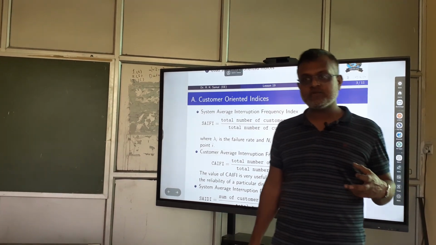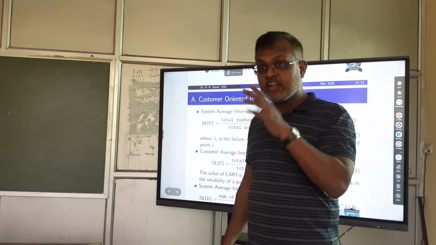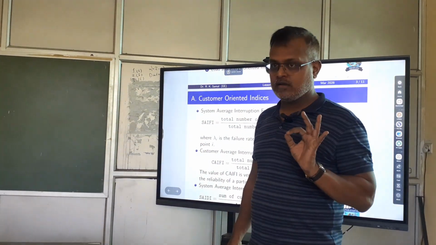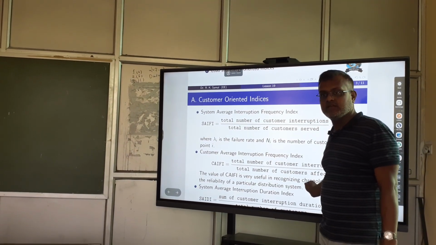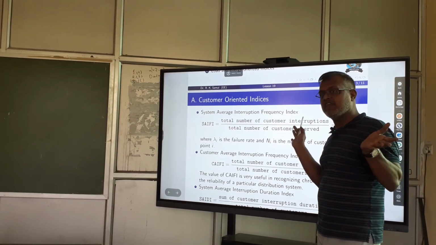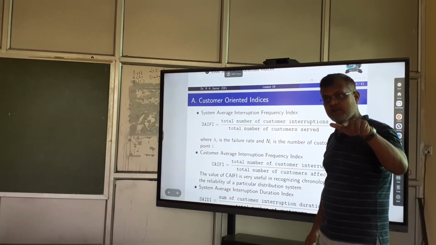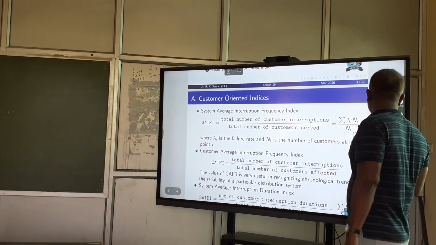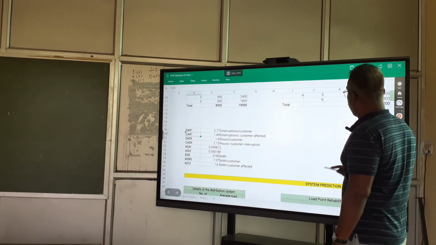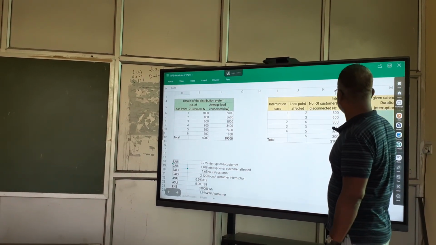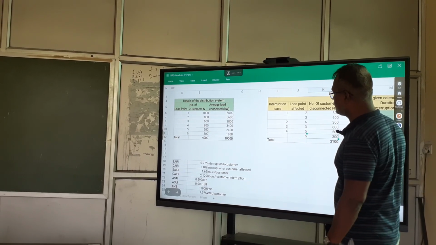How to find out the total number of customers affected? At a particular disconnection, which load points are affected and how many customers are connected to those load points. Whereas in SAIFI it is the total number of customers connected. Here it is the number of customers affected by that interruption. The numerator is actually 3100 in our case.